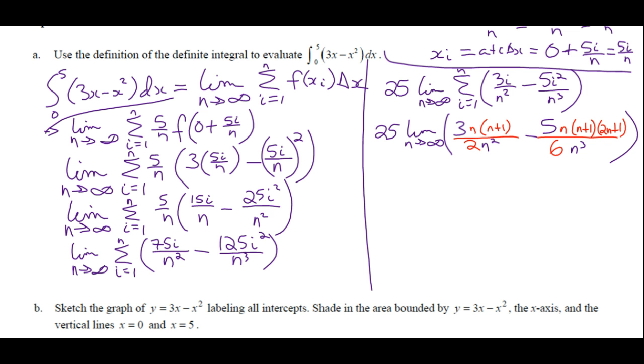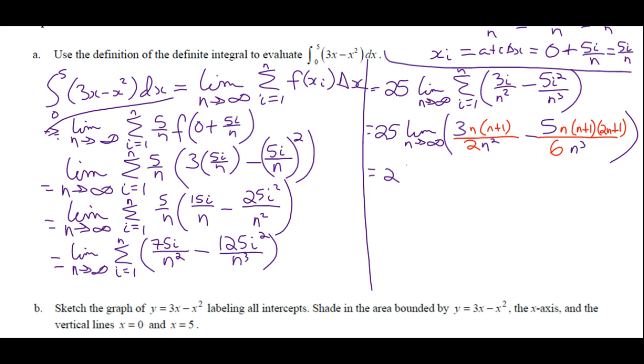The sum of i equals 1 to n of i is n times n plus 1 over 2, and then that's being multiplied by 3 over n squared. And the sum of i squared is n times n plus 1 times 2n plus 1 over 6, and that's being multiplied by 5 over n cubed. Okay? So now, here we go. There should probably be equal signs here.